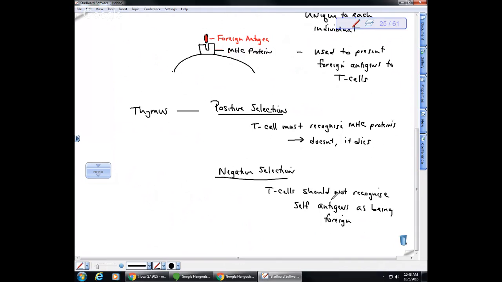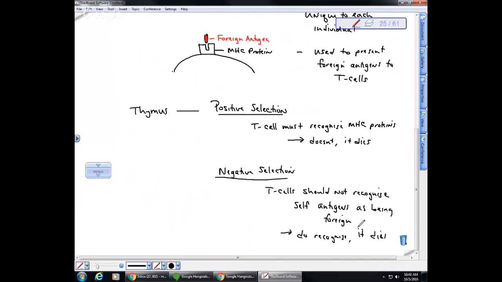Right? So if they do, then what can happen is that those T cells could start attacking your tissues, and that could be a very bad thing, and that could lead to autoimmune problems. So negative selection, if they do recognize, they are eliminated. It dies. They're eliminated from circulation. So this is what is happening in the maturation of T cells inside the thymus.